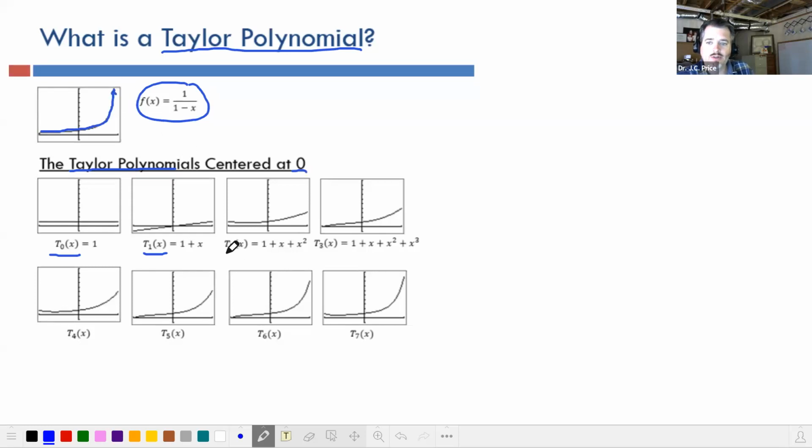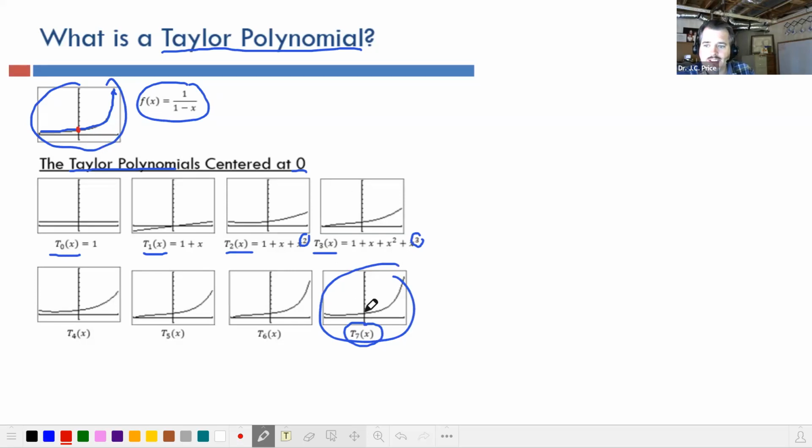As you increase the degree of the Taylor polynomial, so the second Taylor polynomial has degree 2, it looks a little bit more like the function. The third degree Taylor polynomial, of course, has degree 3. It looks a little bit more, and so on and so forth. By the time you get to the 7th degree Taylor polynomial, the two functions look almost identical to each other, especially if you focus on what's happening at x equals 0.